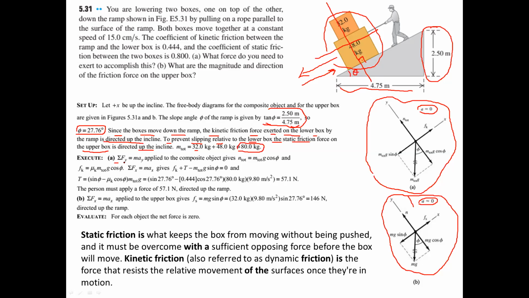The net force in the y direction, from Newton's second law, will be equal to m a_y, right? So here a_y is 0 also. Apply to the composite object, and in this case, N total, this normal force, will be equal to this one. You can easily see from the free body diagram.